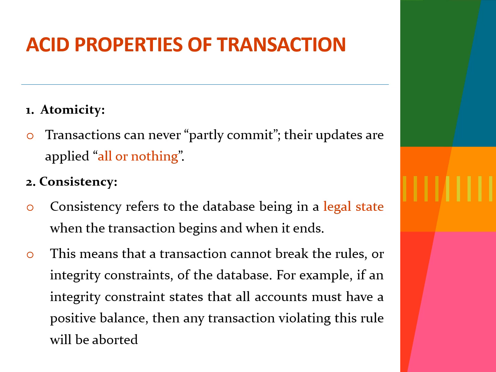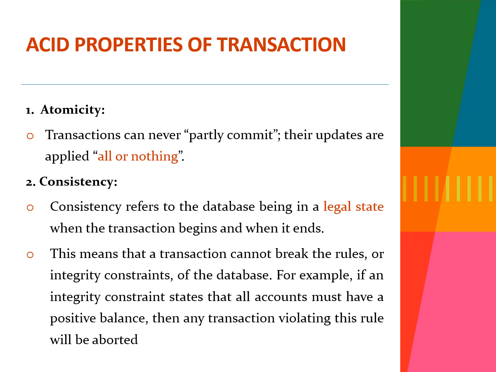Then the second property is consistency. Consistency ensures that a transaction can only bring the database from one valid state to another, maintaining the database invariants. Any data written to the database must be valid according to all defined rules, including constraints, triggers, etc. Consistency refers to the database being in a legal state when the transaction begins and when it ends.